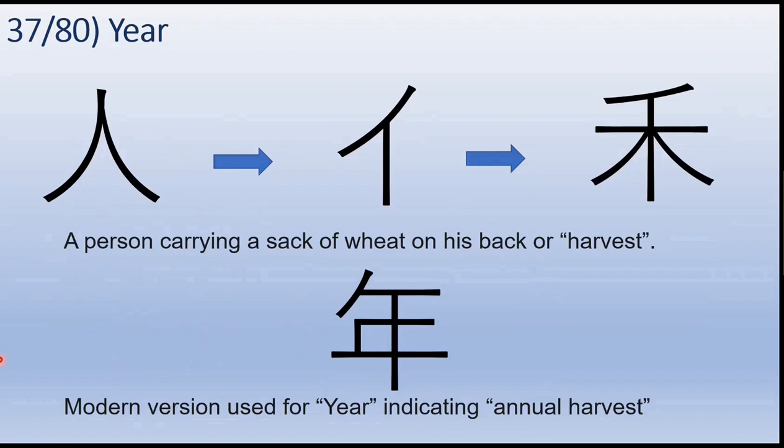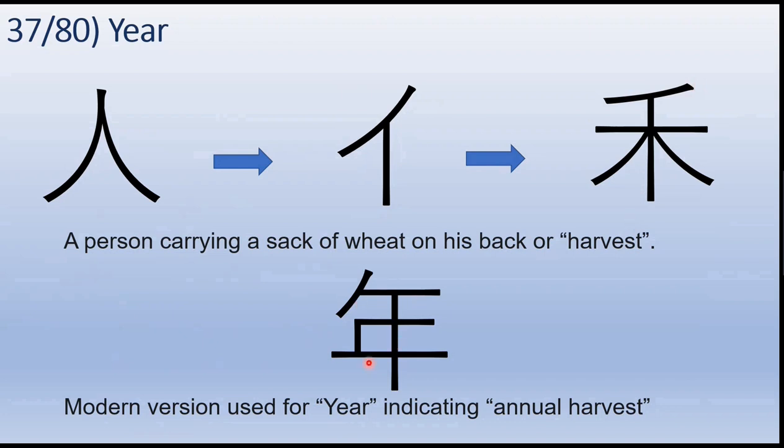Now again, it is interesting to note the logic behind this symbol. This is the person radical, and this is the variant of the person radical, and this represents a person carrying a sack of wheat on his back. That is, it represents the harvest.